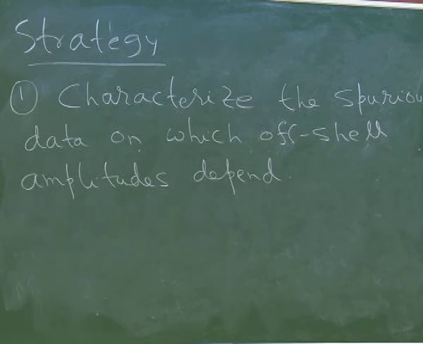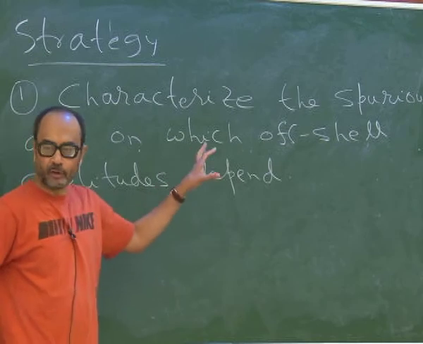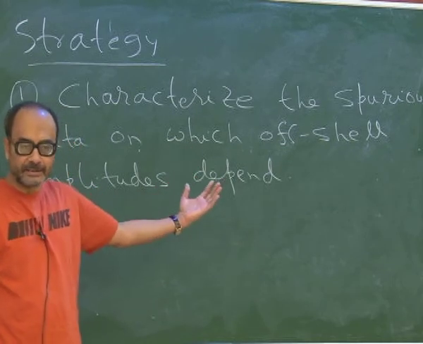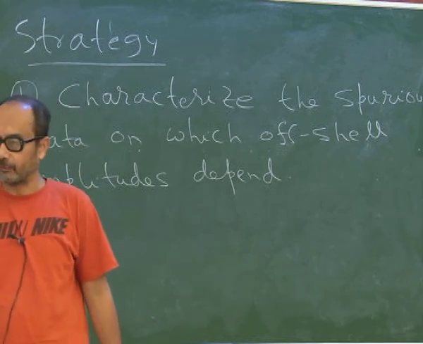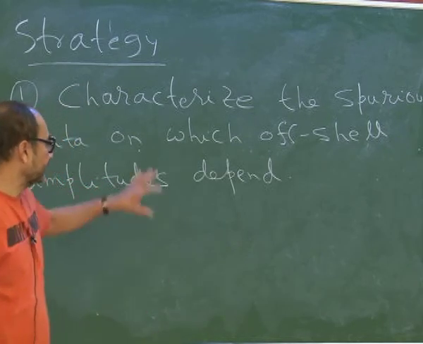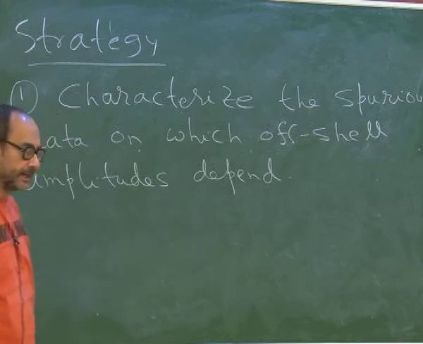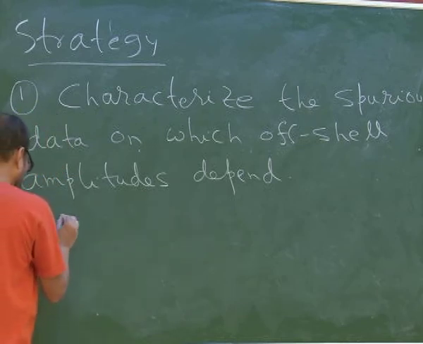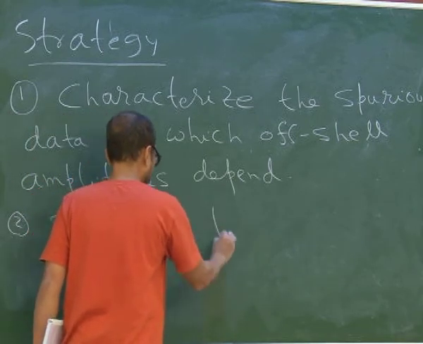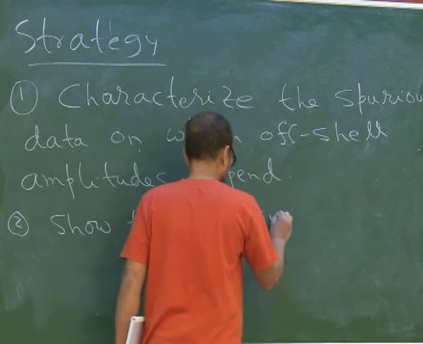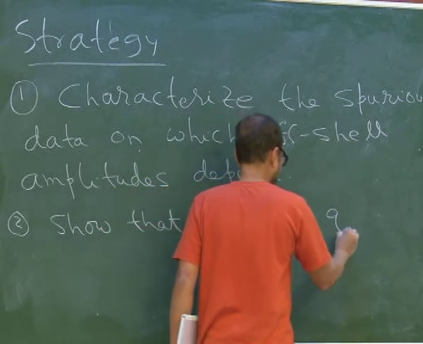So that's the first thing we have to deal with, because before we see whether things are independent of this, at least we should characterize what it is that we are trying to prove that things are independent of. So that's the first step: characterize the spurious data systematically, and then show that physical quantities like renormalized mass and S matrix element are independent of the spurious data.